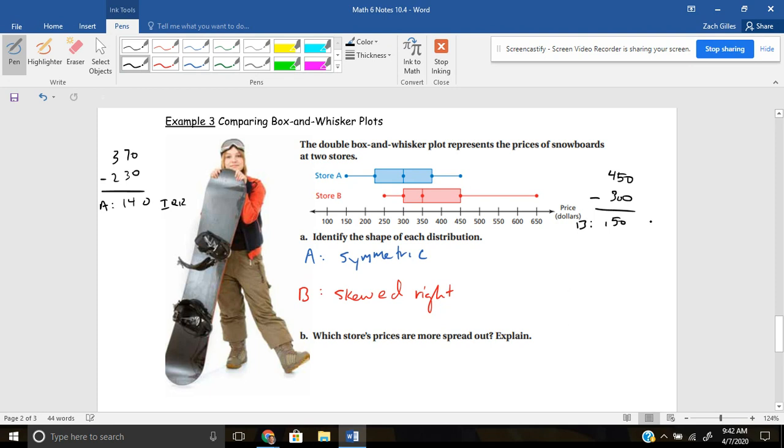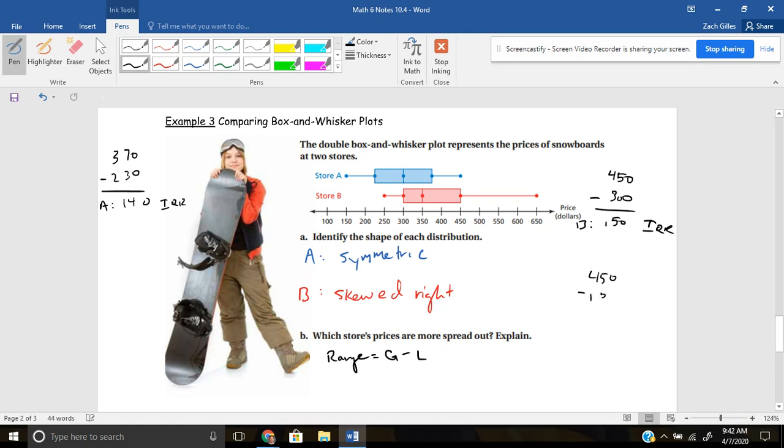And my interquartile ranges look very similar. The boxes look like my data won't vary too far from my median. But let's also think about the range. My range is my greatest number minus my least number. So for store A, it'd be 450 minus 150.